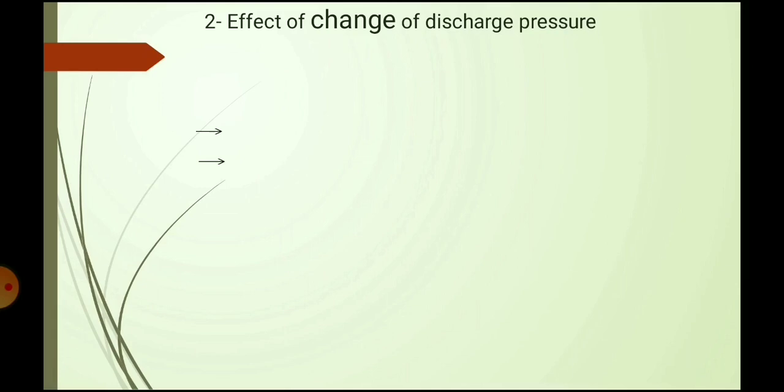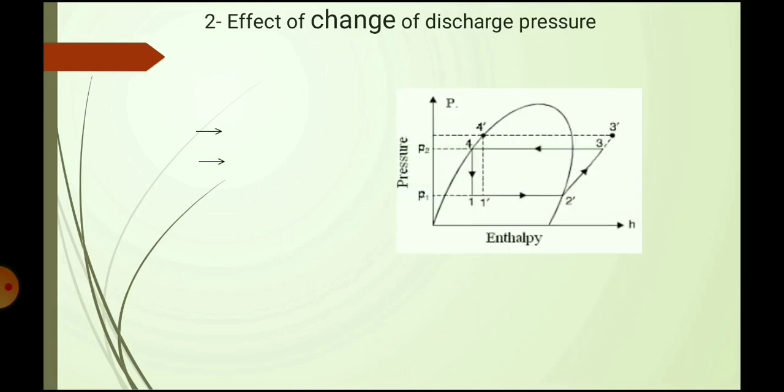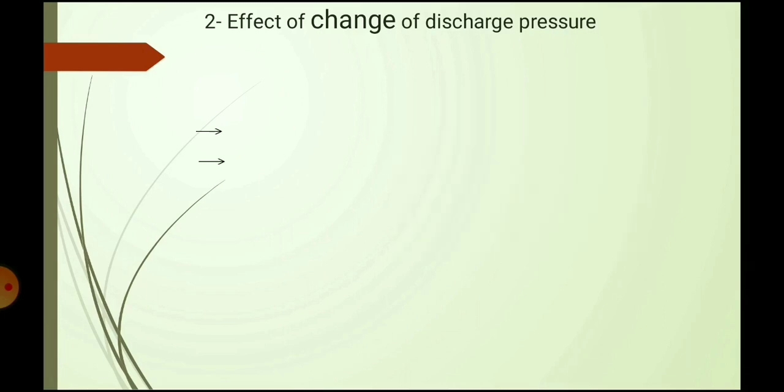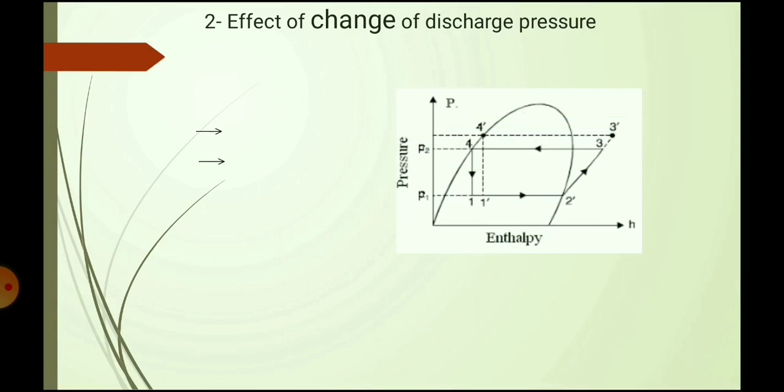Okay? That means here we are increasing the condenser pressure from P2 to P2 dash. This is P2 and the dotted pressure line, on which there are 3 dash and 4 dash, is P2 dash. Clear?